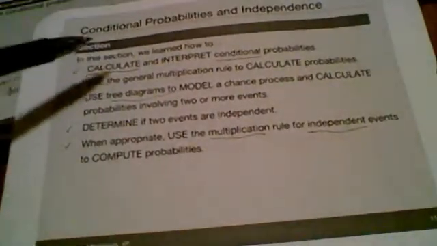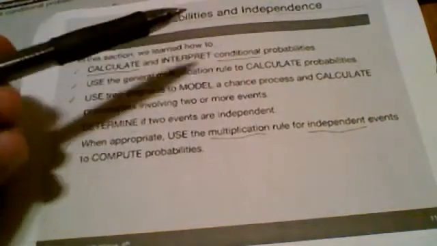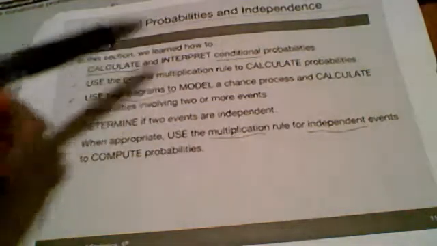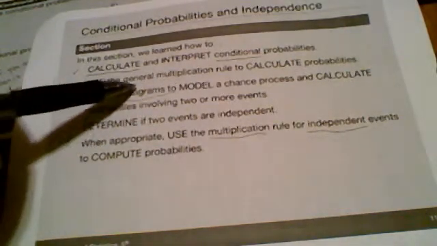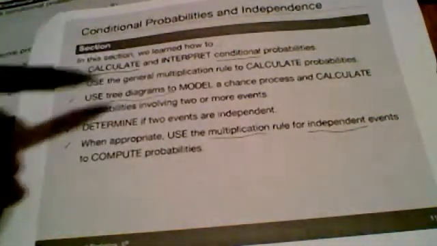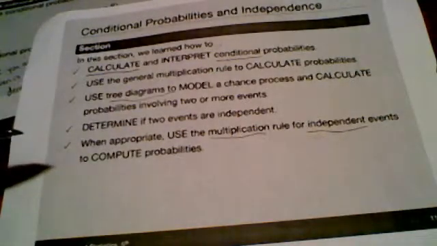So a little summary in here. Remember, conditional probabilities, you can see how you would do those and some of the different formulas they have there. You're going to use the general multiplication rule, so don't forget about that. A times B there. You're going to have to be able to use tree diagrams. You have to be able to determine if 2 events are independent, and we'll talk about that more as we get into tomorrow's class.